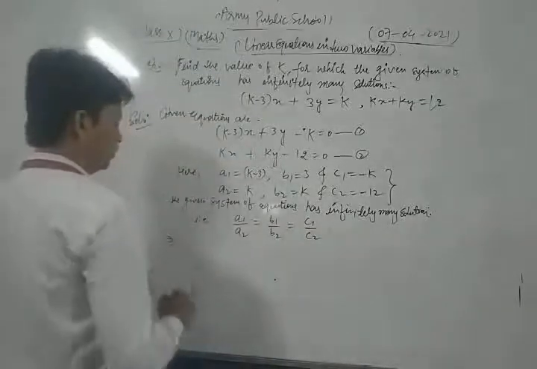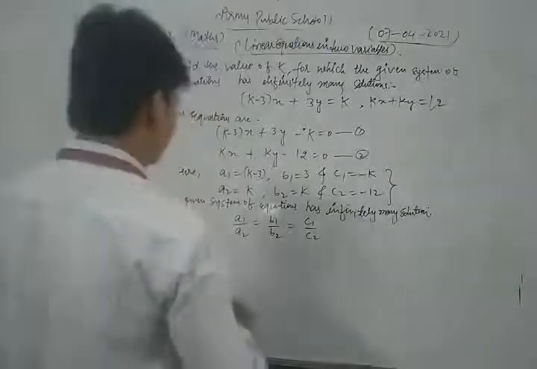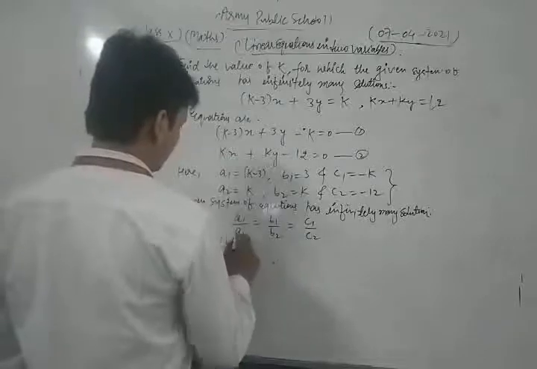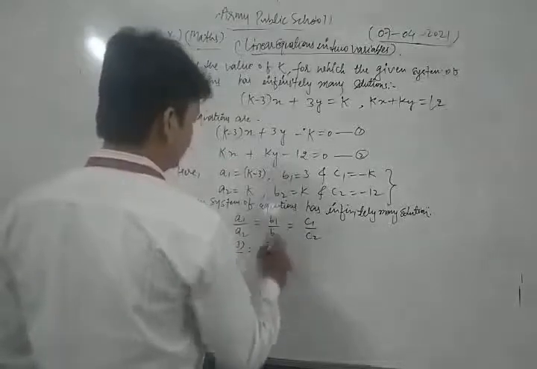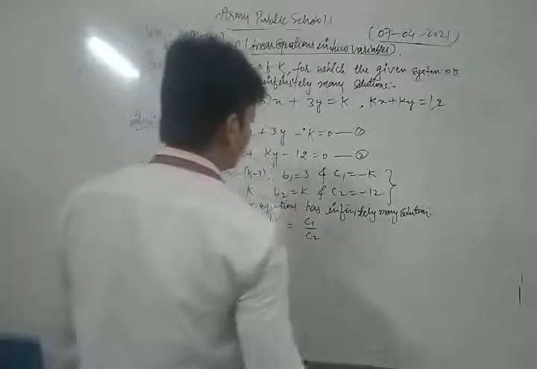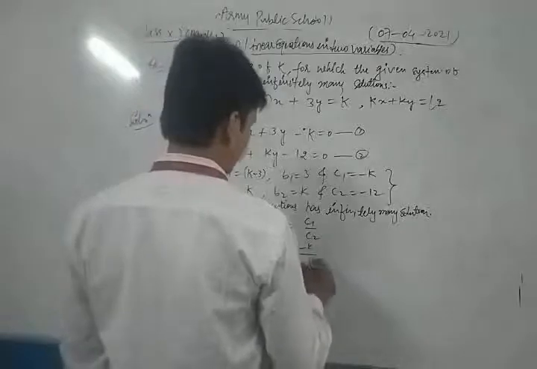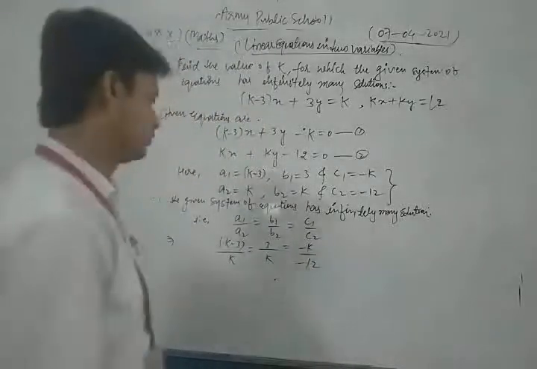We put the values of a1, a2, b1, b2 and c1, c2. We get a1 is k minus 3 upon a2 which is k, b1 is 3 upon b2 which is k, c1 is minus k upon c2 which is minus 12.